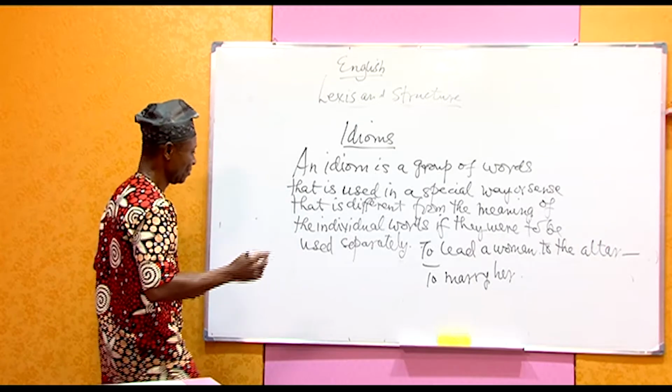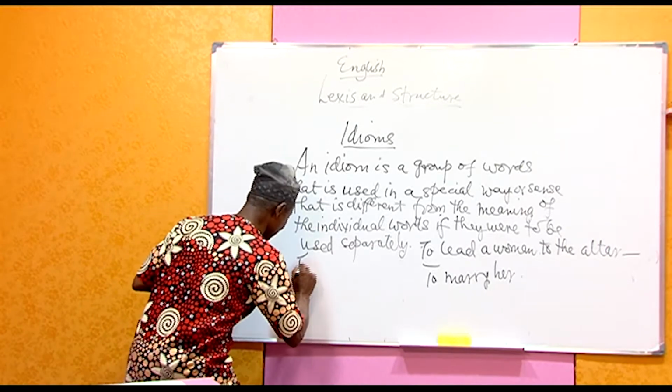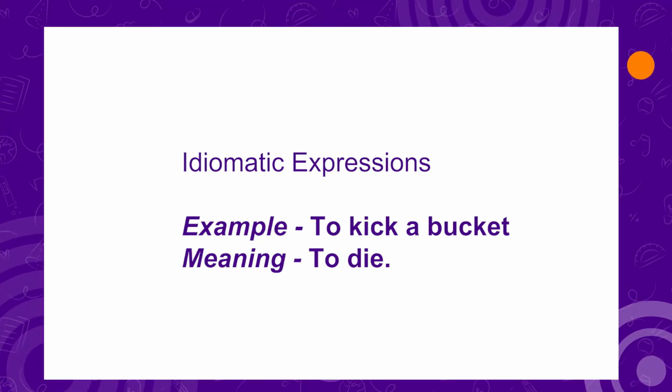Now, another one is to kick a bucket. To kick a bucket means to die. What has to kick a bucket got to do with death? But that is the meaning of the idiom.